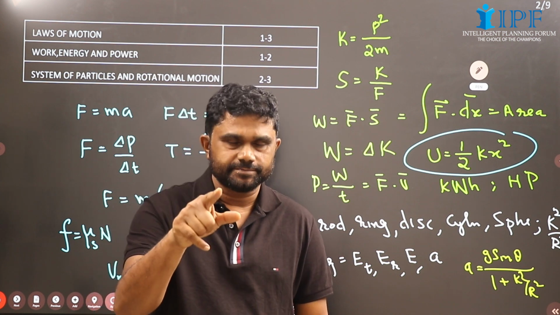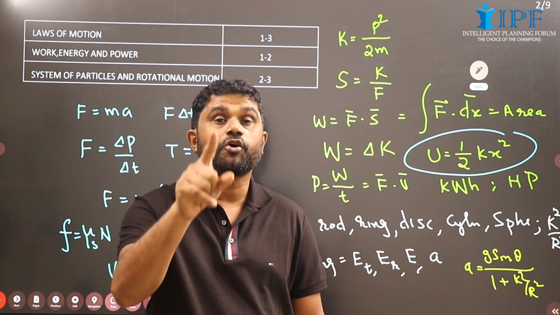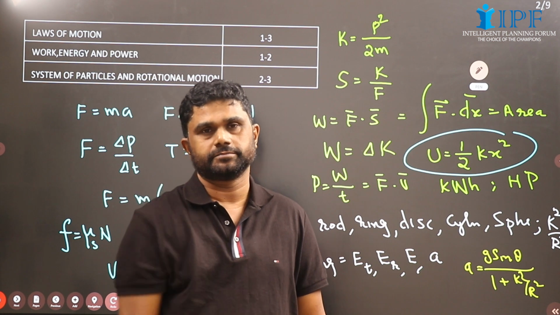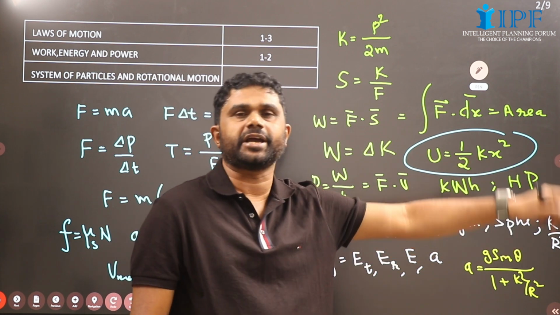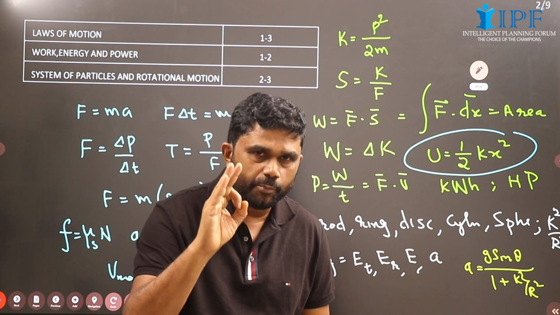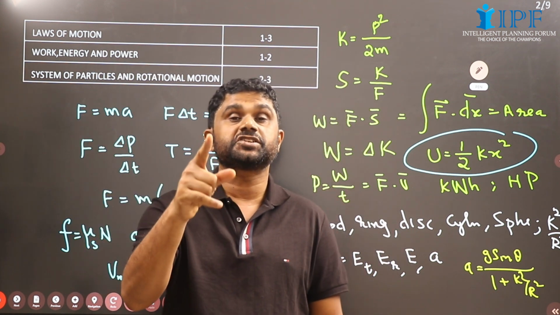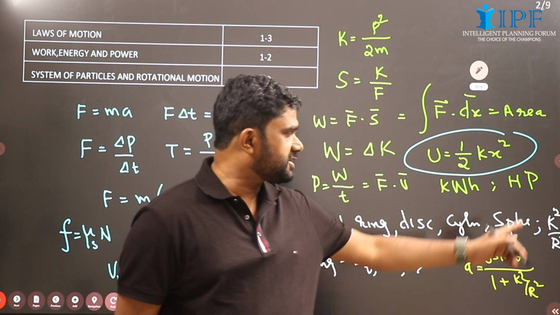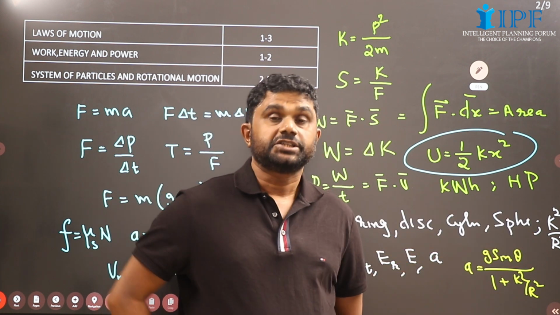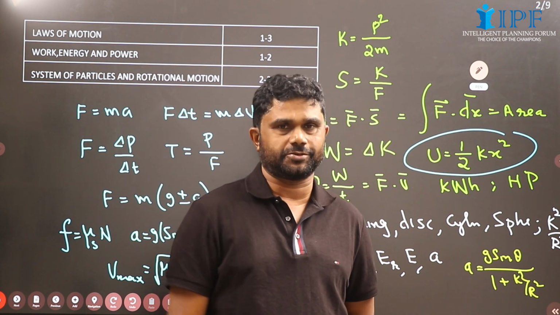Please listen. In the expression for the moment of inertia of a rolling body, the coefficient of mr square is the ratio k square by r square. Let me repeat. The reciprocal of that coefficient will be the ratio r square by k square.